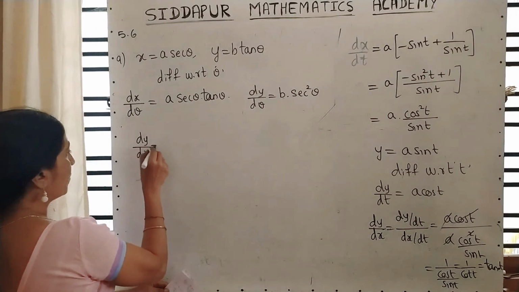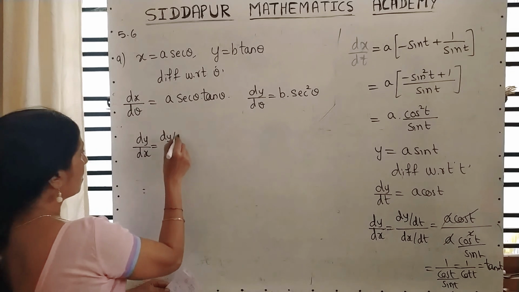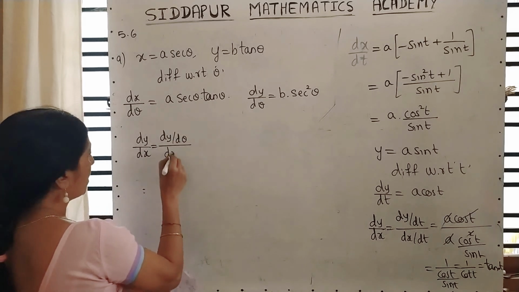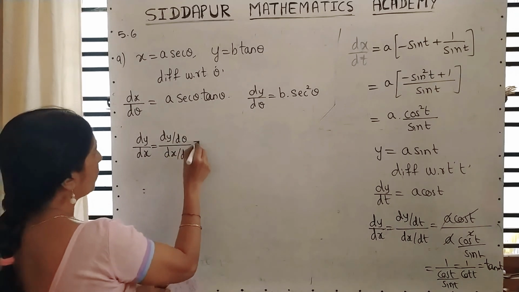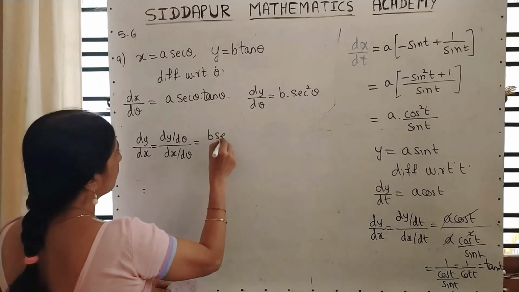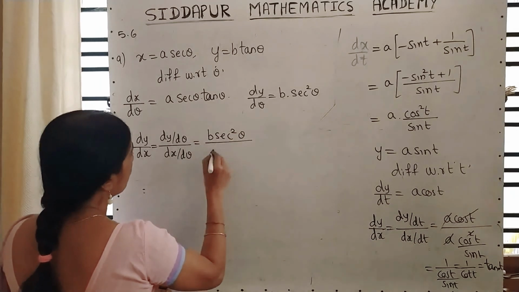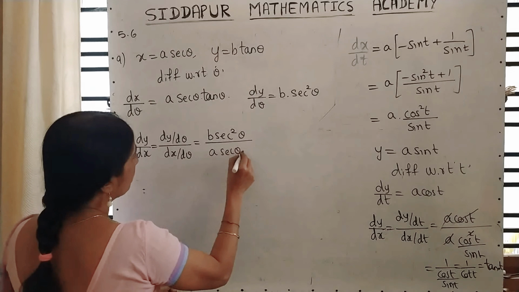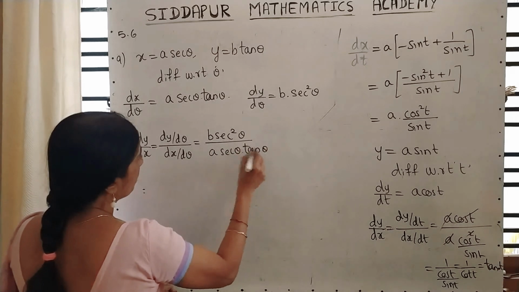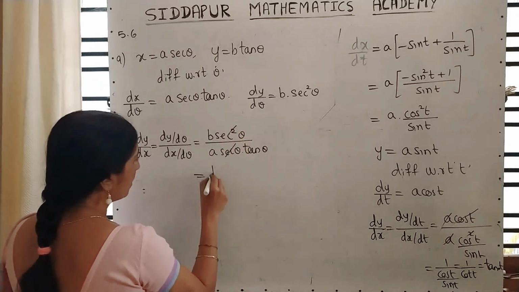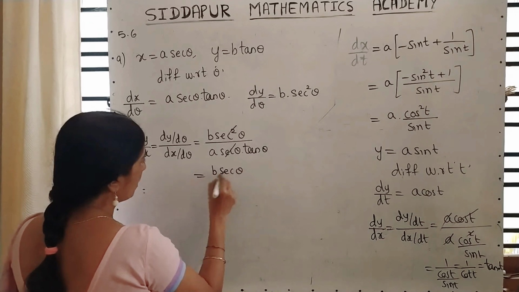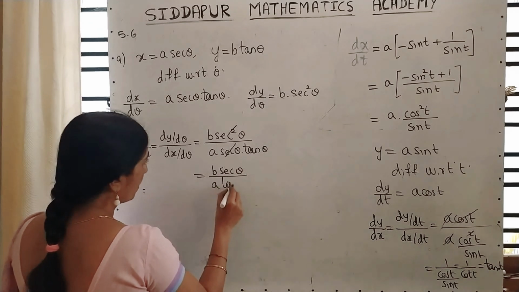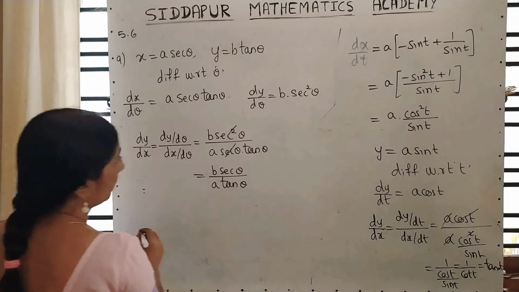So dy upon dx is dy upon d theta divided by dx upon d theta. One sec is cancelled with this, b into sec theta upon a into tan theta.